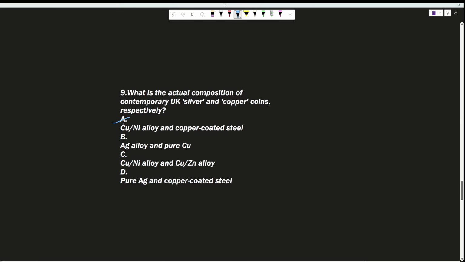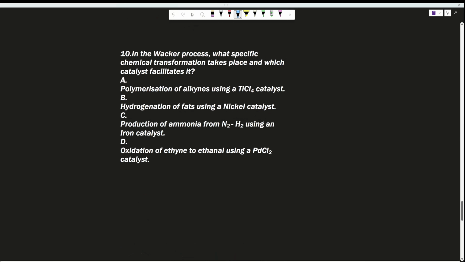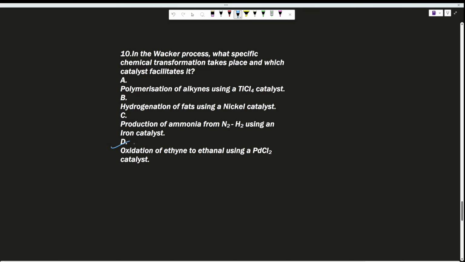So it is option A. Next, here we have the Wacker process. What specific chemical transformation takes place and which catalyst facilitates it? Just now we discussed it: the oxidation of ethyne to ethanol using PdCl2 catalyst.